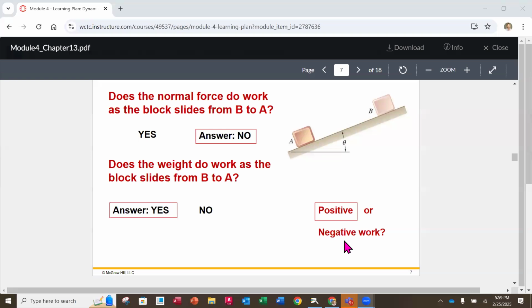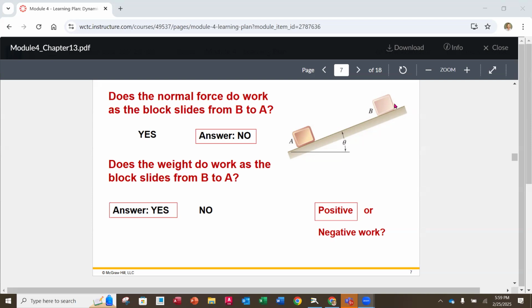So does the normal force do work? No. Does the weight of the block do work going from B to A? From B to A, it would be yes. Lex, you were correct. I was saying A to B, right? I was going up the incline. That would be negative work, but I didn't read that close enough.